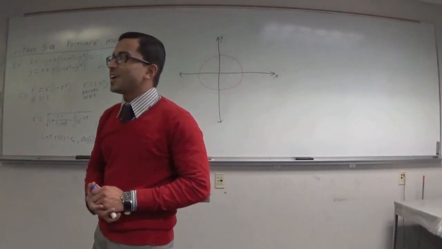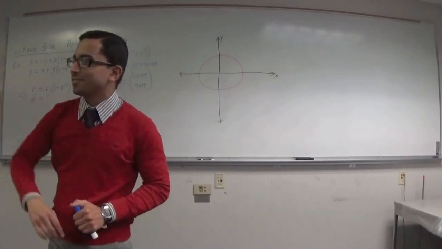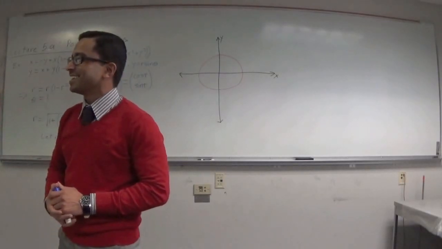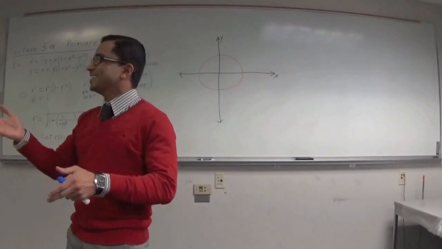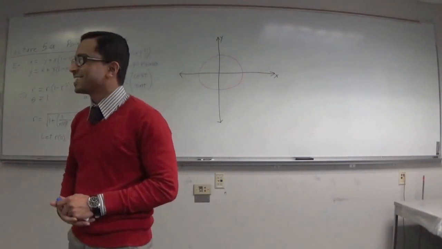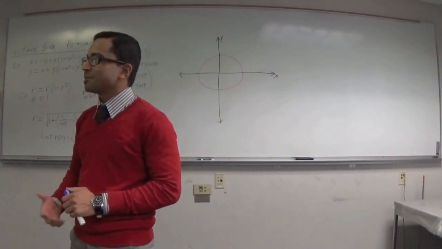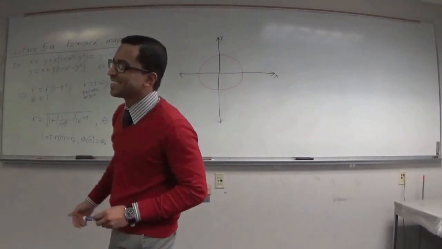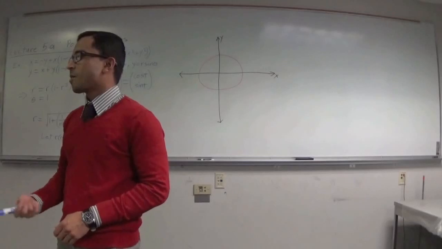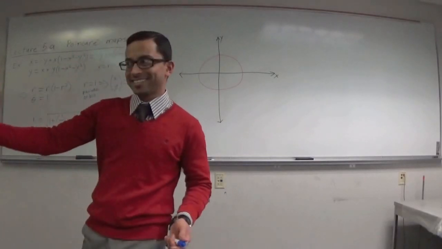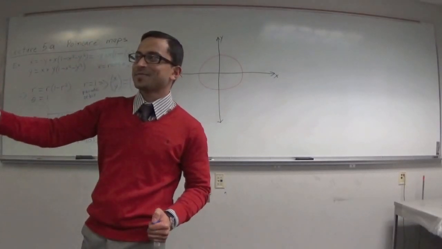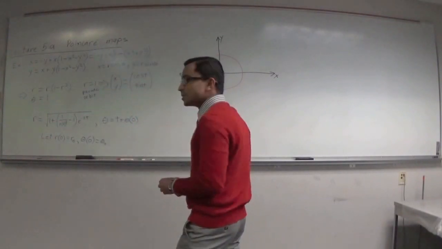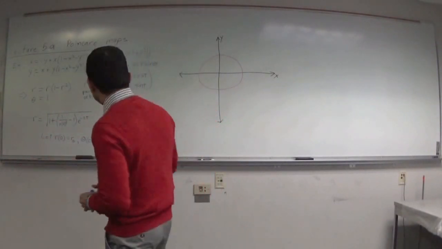What's half of a line? A line in only one direction. A ray, yeah. So we can draw a ray.